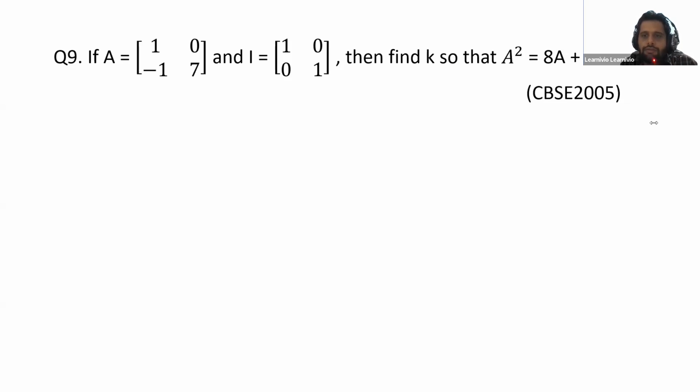Atif, very good. This is correct. Abdul and Saifullah, please share your answer.